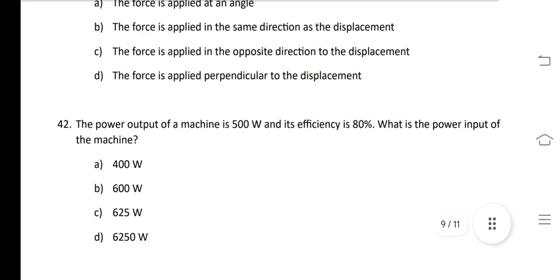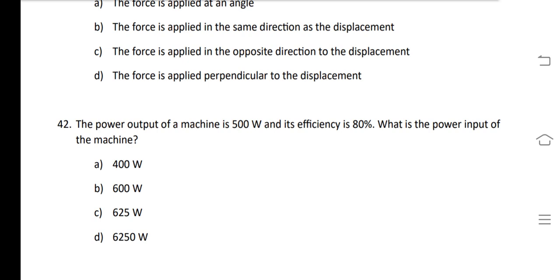It is given that the output power of a machine is 500 watt and its efficiency is 80%. So what is the power input of the machine? We know that efficiency is equal to output power divided by input power. In this question we are asked about input power.